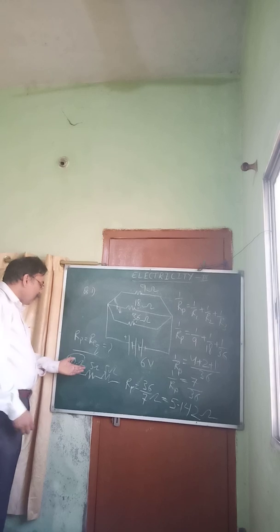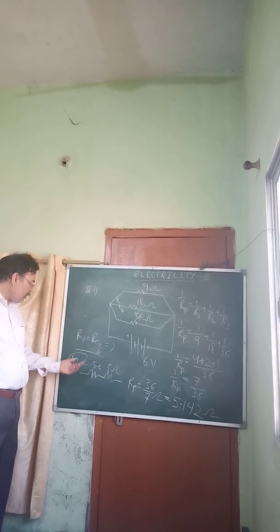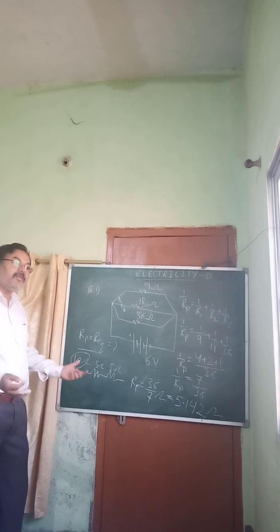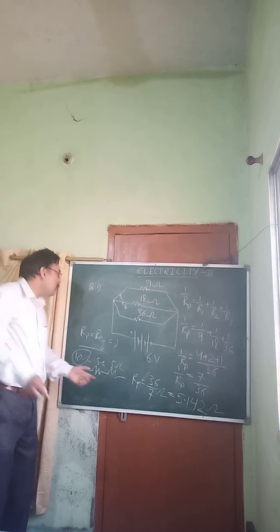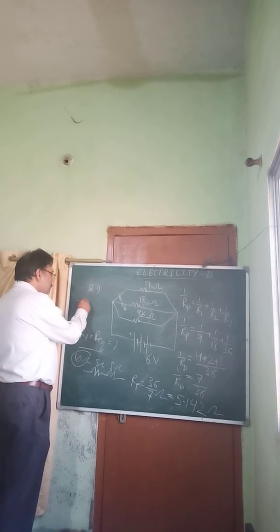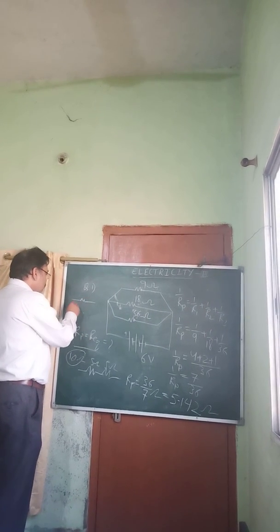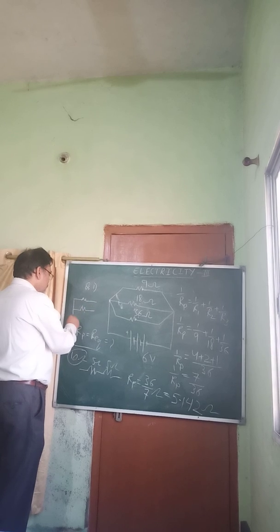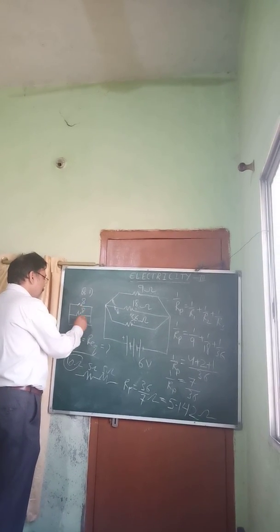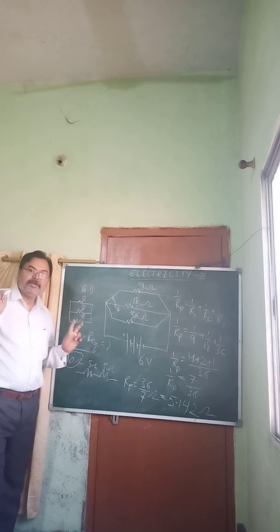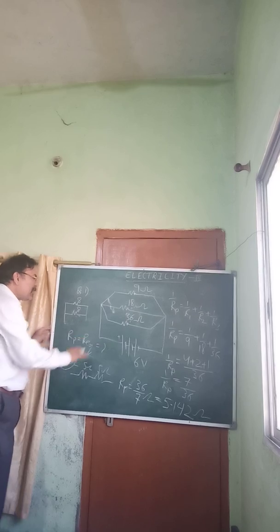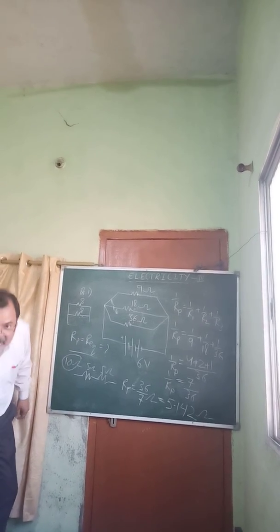Suppose you have all 8 ohm resistors, say three 8 ohm resistors, and you require 2 ohm. So how will you do it? If you connect two 8 ohm resistors in parallel, let's see what will happen.